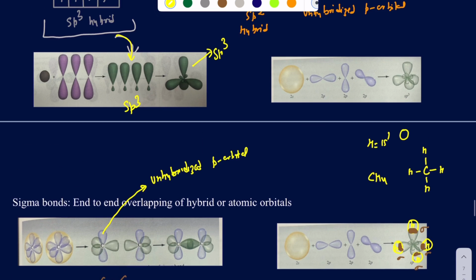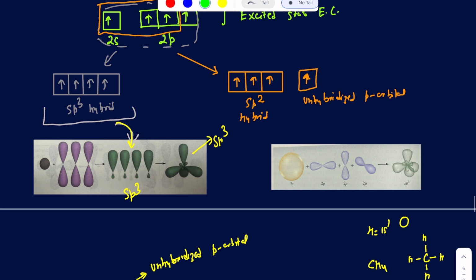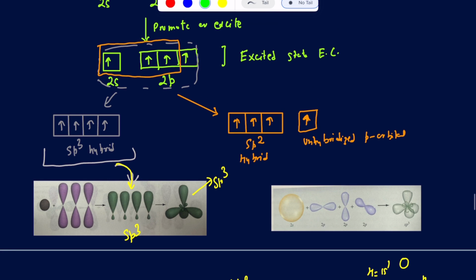If I go back to this step, even though I have a total of four orbitals that can be hybridized or mixed, I don't necessarily have to use all four of them. I could use one from the s and two from the p, and as a result I make sp2 hybridization, which means I would have three orbitals with the balloon shape, and then one of the p orbitals would stay unhybridized.